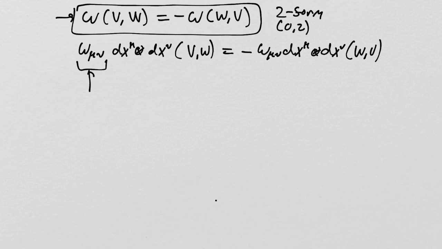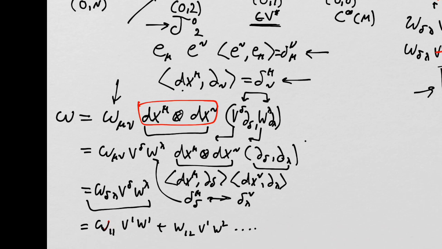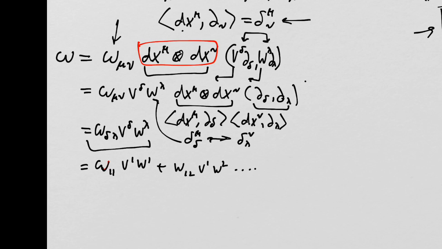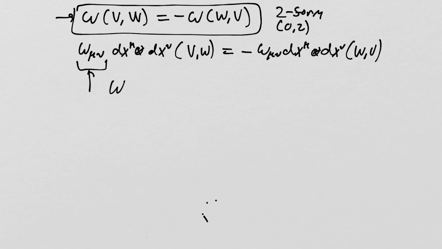And we know the first one already. We know that this is going to be omega mu nu v mu, and what did we say it was before when we did it? We came up with delta lambda. Okay, so it's delta lambda v delta w lambda.